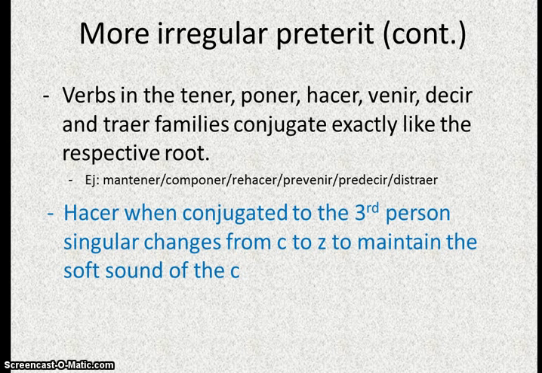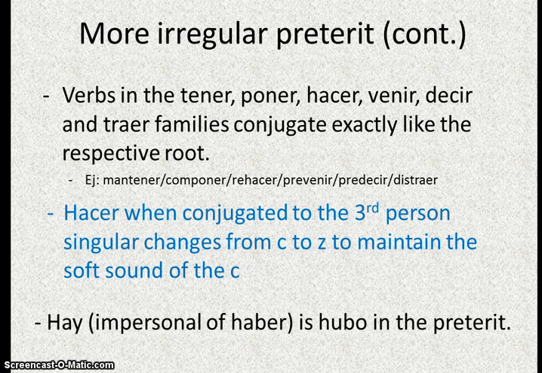Another note is the verb hacer, when conjugated to the third person singular, being él, ella, and usted conjugation, changes from a C to the letter Z in order to maintain the soft sound of the C. And lastly on this, just an additional note, whenever you're trying to use the impersonal of haber, there are, you would say hubo in the preterite.